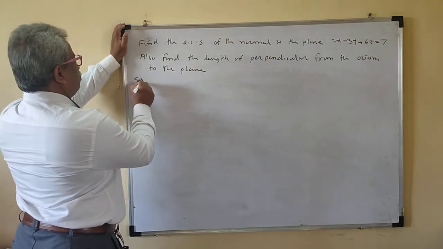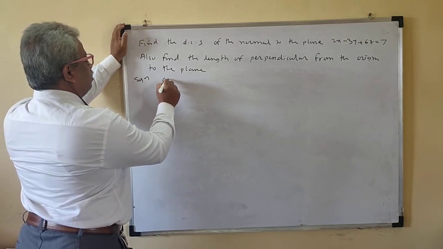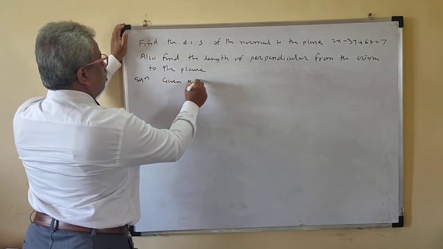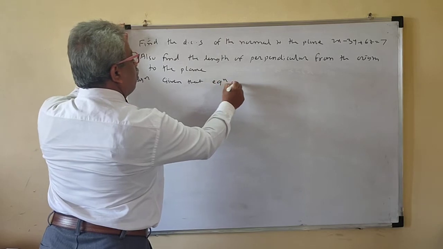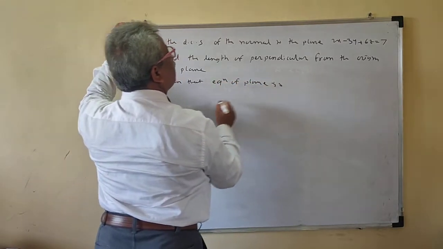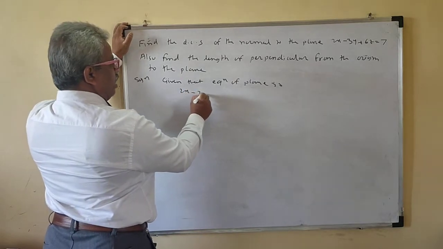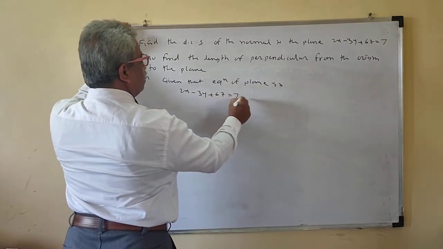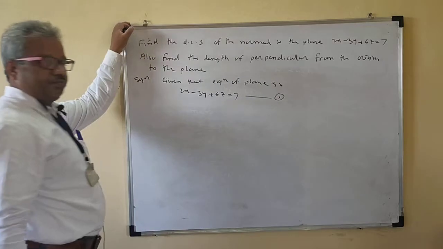Solution. Given that the equation of the plane is 2x minus 3y plus 6z is equal to 7. We call this as 1.